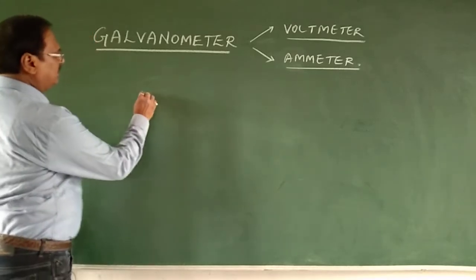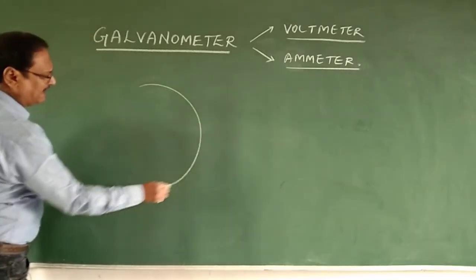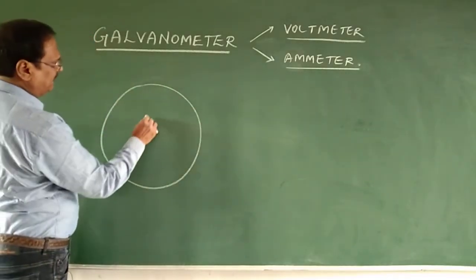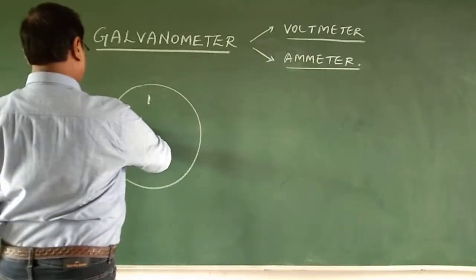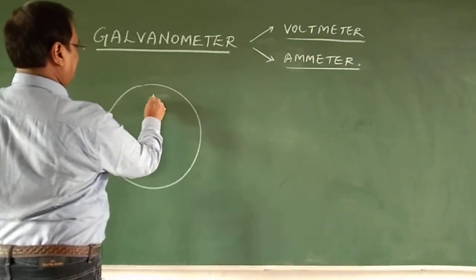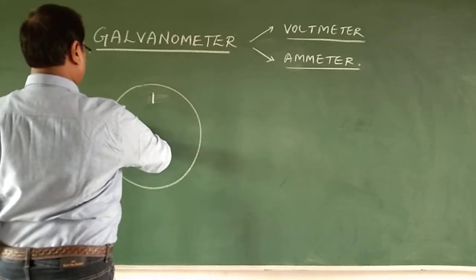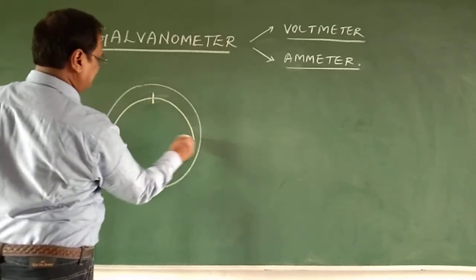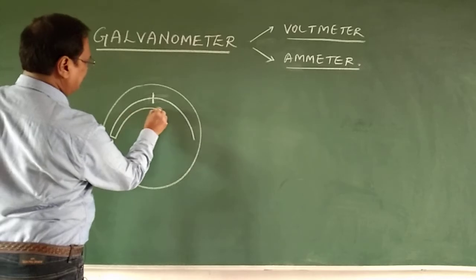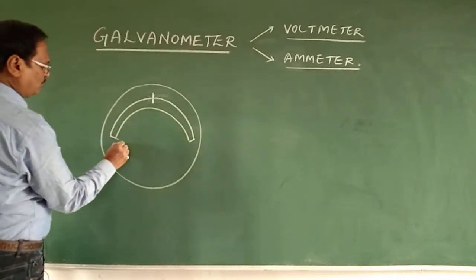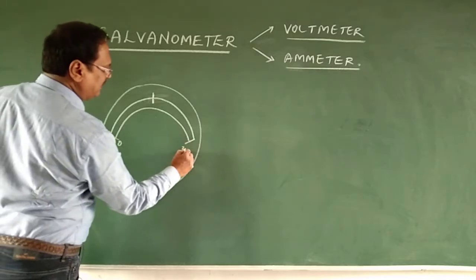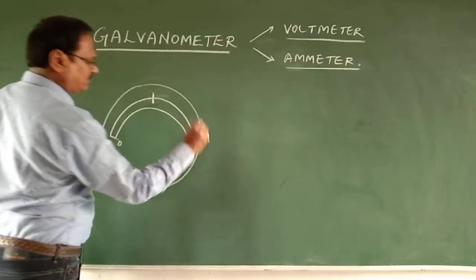Let me tell you, a galvanometer has the scale which is at the center, that's the center point. The scale will range like this. Usually it starts from 0 here and ends at 30 milliampere.